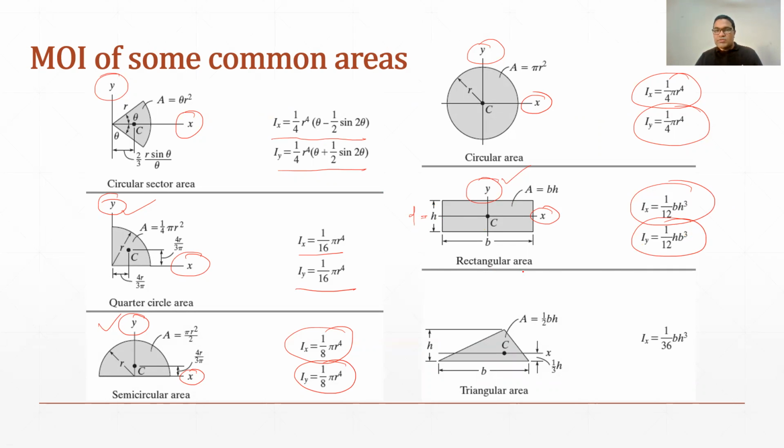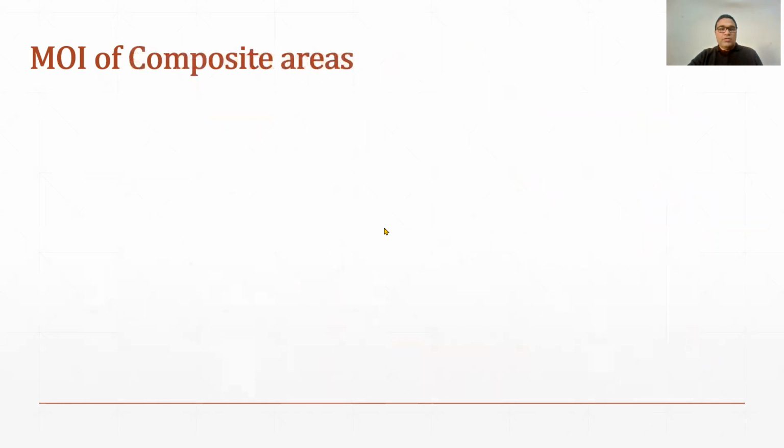So whatever notation we use, we can have the formula. Similarly, for a triangular area, the moment of inertia about the x-axis is 1 by 36 bh cube. So these are some common areas which have defined moments of inertia. Now we will see what composite areas are.